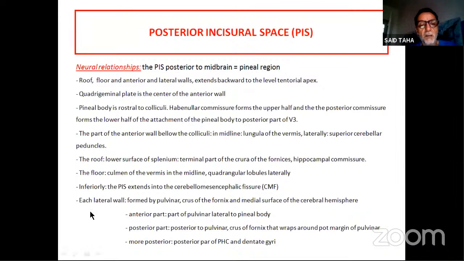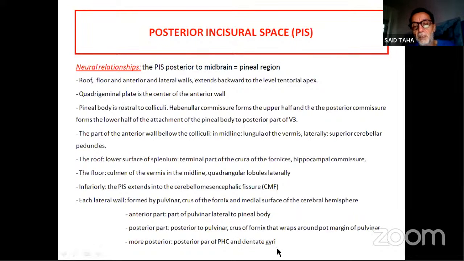The anterior part of this lateral wall is represented by the pulvinar, which is located laterally to the pineal body, and the posterior parts by the pulvinar and the crus of the fornix that wraps around the margin of the pulvinar, and more posteriorly the parahippocampal gyrus with the dentate gyrus.